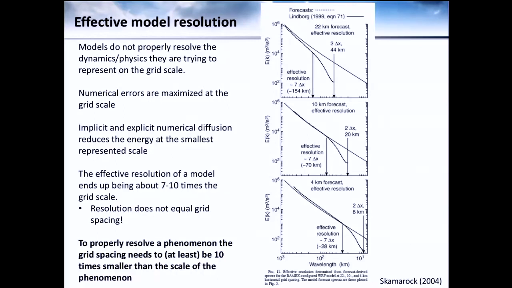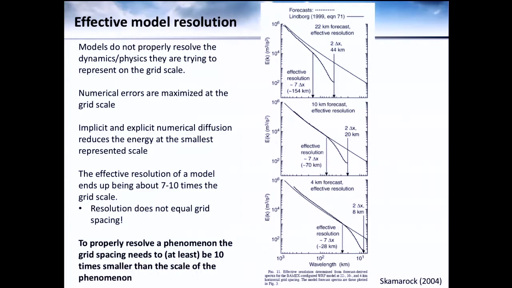But here, 10 kilometres, 100 kilometres, 1,000 kilometres. And the dashed line in each case is the energy density spectrum calculated from these WRF model forecasts and averaged to create this one line.